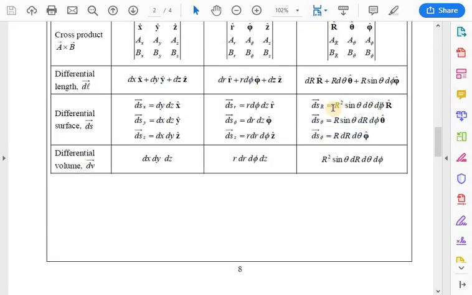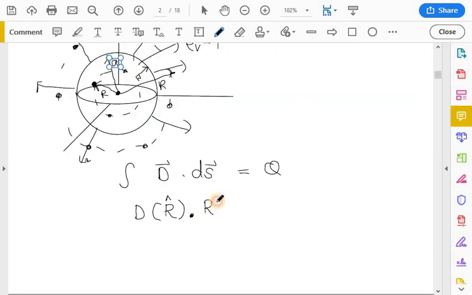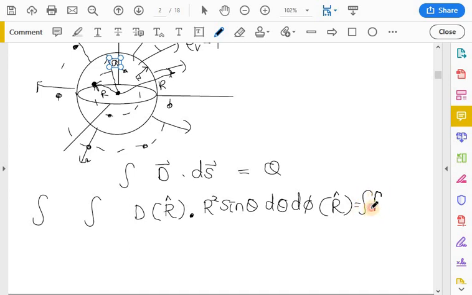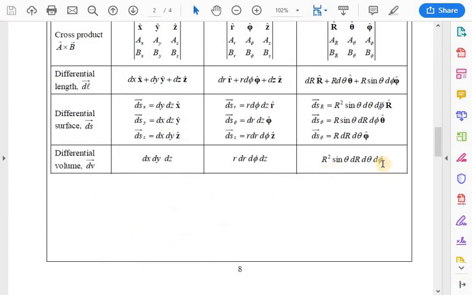So your dS here, you should replace it with R squared sine theta d theta d phi, and don't forget the R. It has a 2, so you have 2 here, and this Q, you have a triple integration, right? Because here it is given rho v, so for the volume you have to use this one.